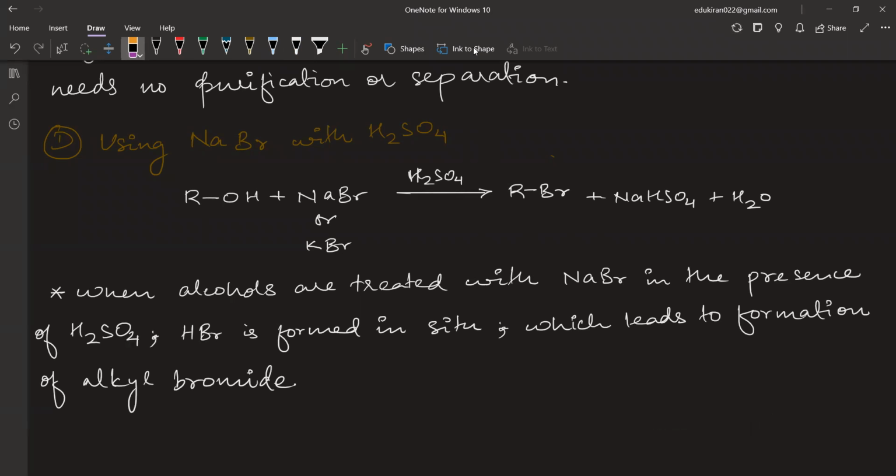Yes, Huzaifa, anything? Sir, is this in situ a short form or something? No, in situ is not a short form. You mean is it an abbreviation? Yes, exactly. No, it is not an abbreviation.